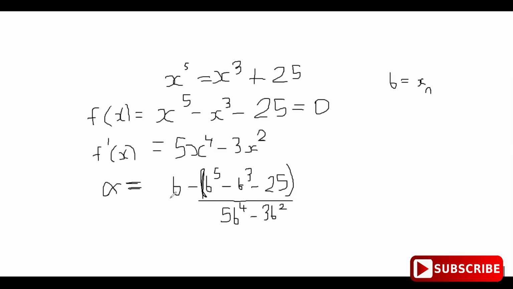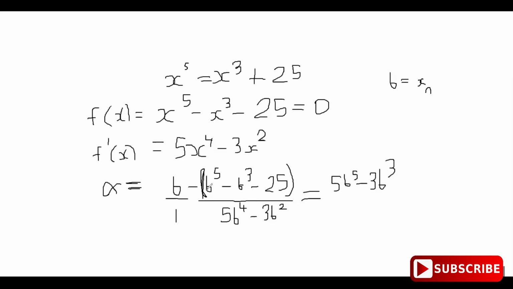So we can write this now as one fraction. It's going to be b times all of this. So b times 5b to the 4 is 5b to the 5th, then minus 3b cubed.